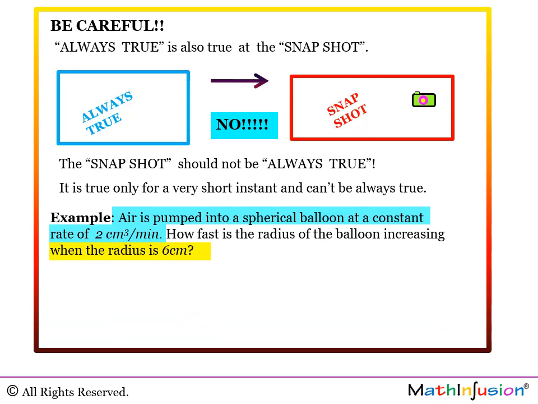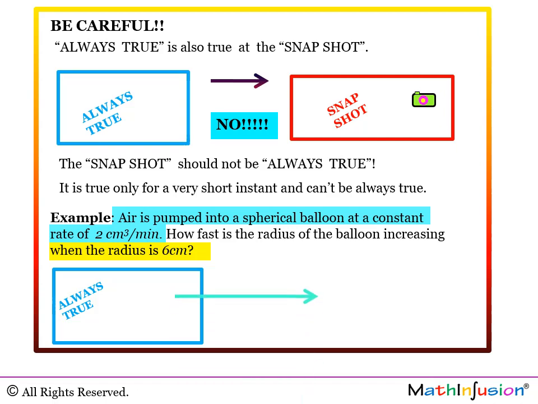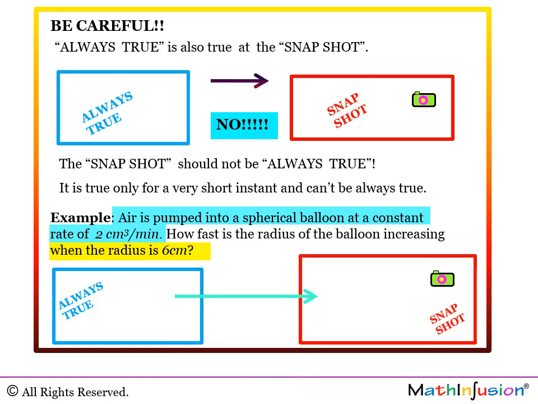In the example that we did, what is always true? And what is true in the snapshot? If you read carefully, air is pumped into a spherical balloon at a constant rate of 2 cubic centimeters per minute. So dV/dt is 2 cubic centimeters per minute. This is also true at the snapshot.